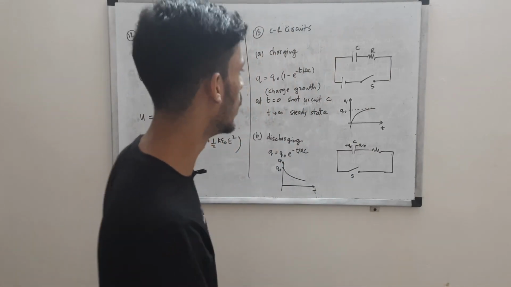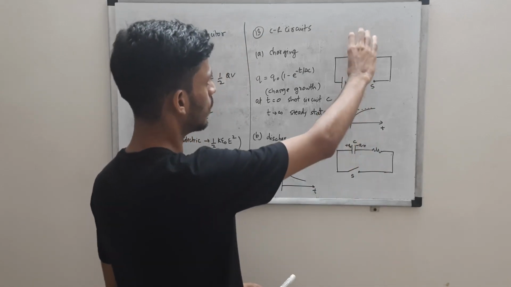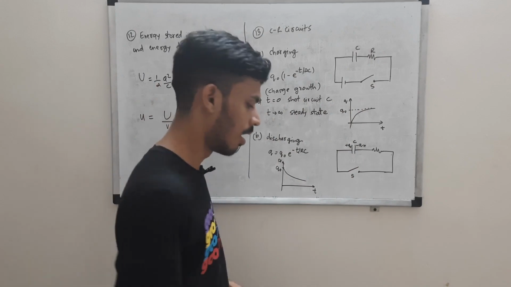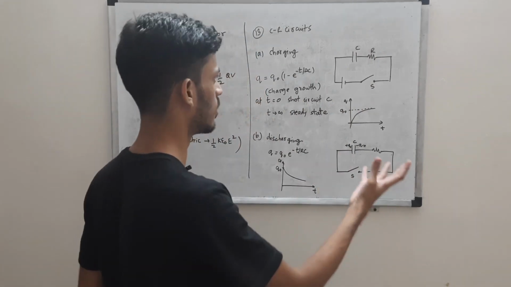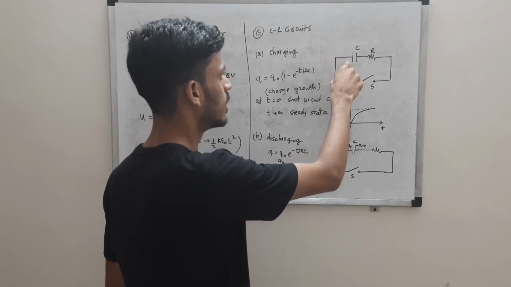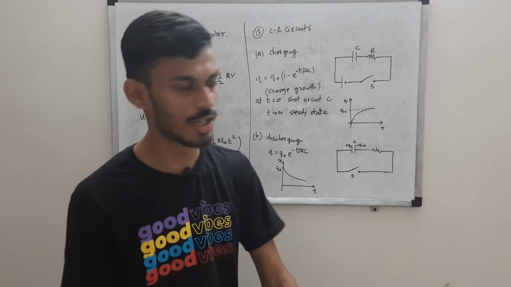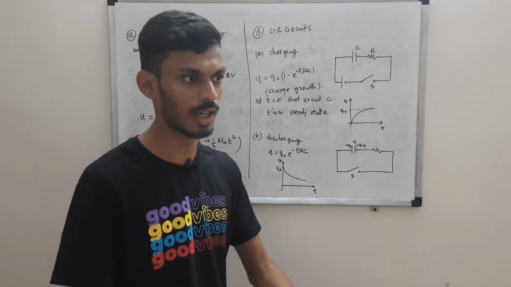We will go into the depths of it in the next video, as I told you. So at t equal to 0, the capacitor acts as a short circuit, and maximum current will flow through the circuit, and in that attempt this plate will get positively charged and this plate will get negatively charged. So there will be growth of charge on the capacitor.